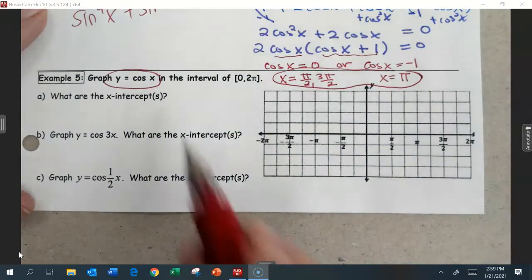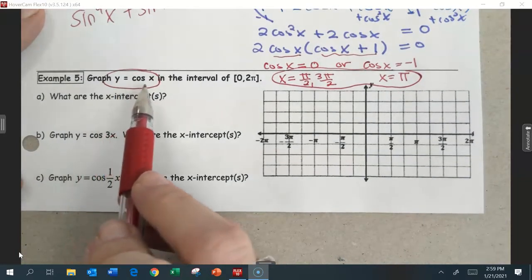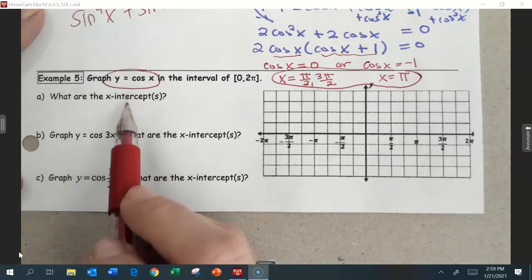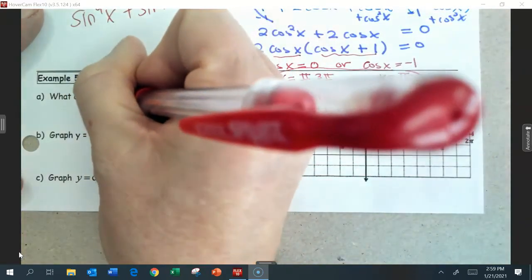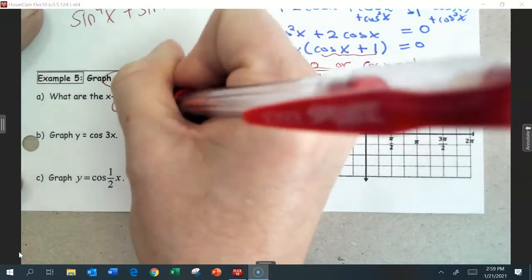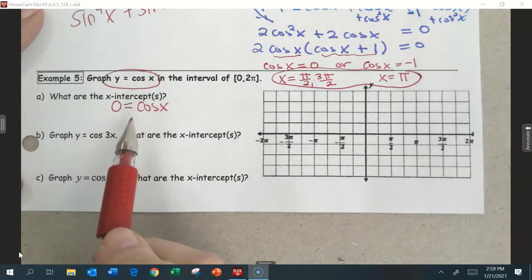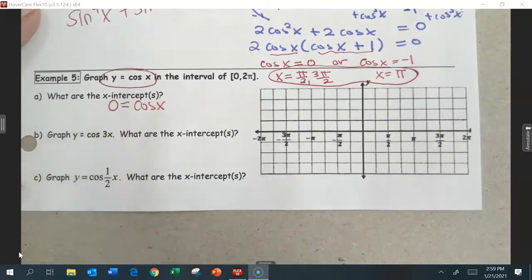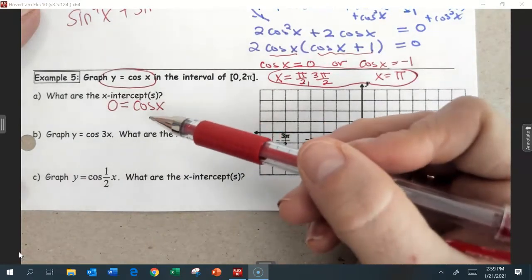But I will tell you, when you're looking for the x-intercepts, what I'm trying to do here is correlate this. And all that is, when you find the x-intercepts of any type of equation, you're trying to figure out where the y value is 0. And so this is what we've been doing this whole chapter. And I want you to just make that connection, that it builds from last chapter.